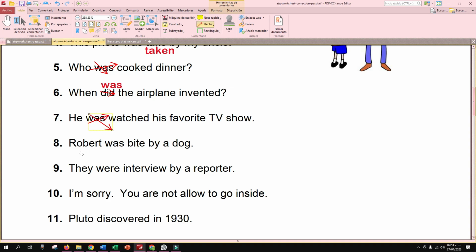What about 8? Edwin, Robert was bite by a dog. Was bitten. Yeah, we need to write bitten, right? Robert was bitten by a dog, right? They were interview by a reporter.